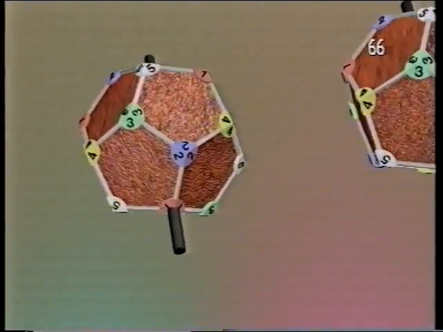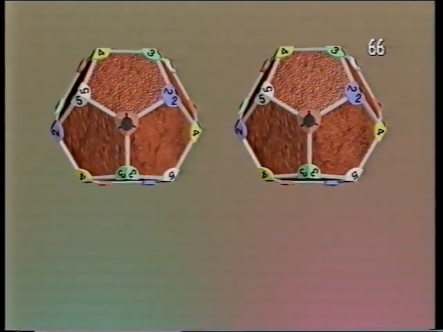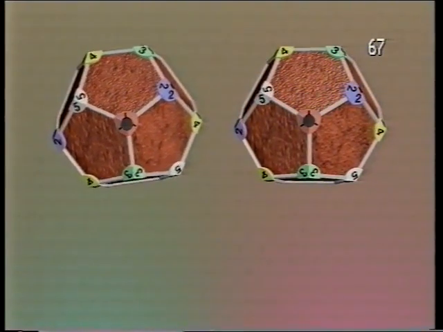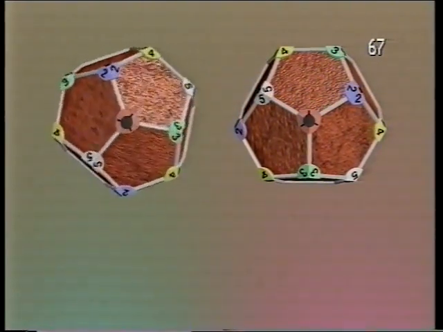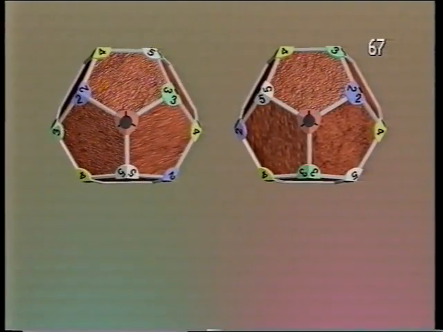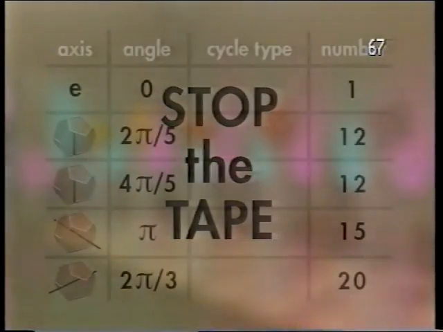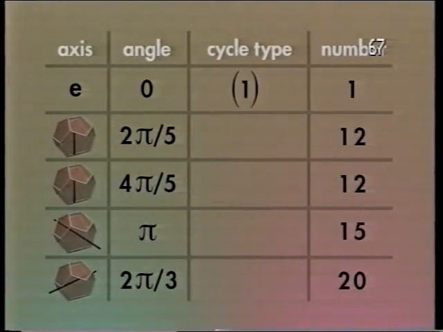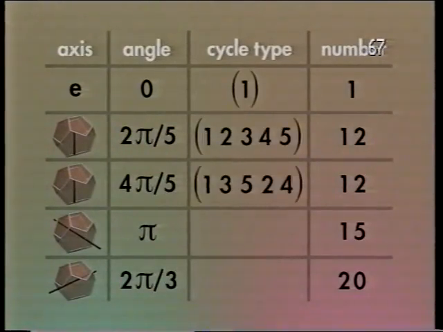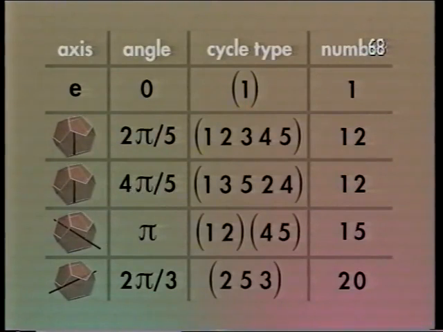Lastly, there are the axes passing through a pair of opposite vertices. The angle of rotation is 2 pi by 3. Stop the tape and work out what the permutation is. You should have found that you get the 3-cycle (2 5 3).